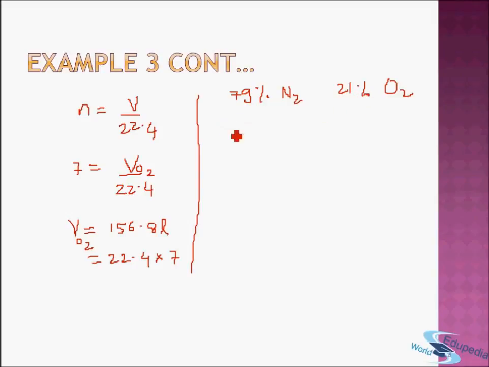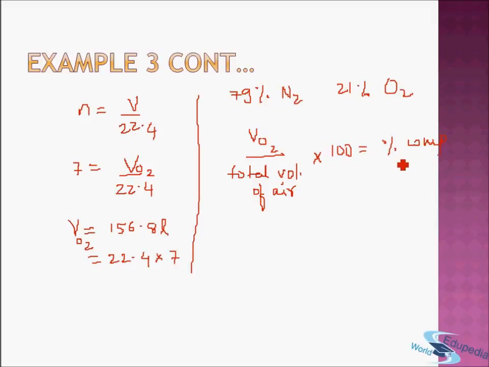Or in other words, how did we calculate percentage compositions? Volume of oxygen divided by total volume of air, into 100. This is the percentage composition.